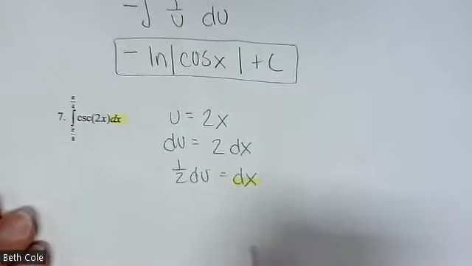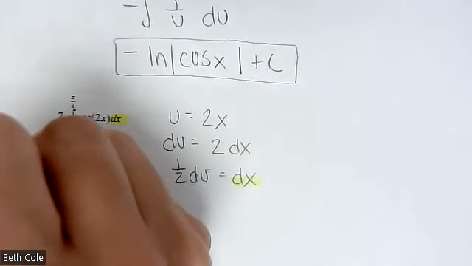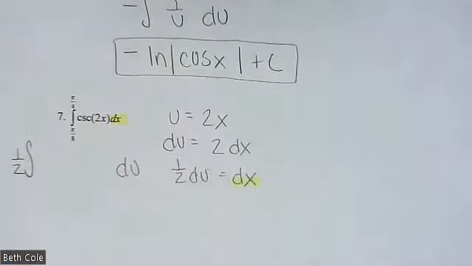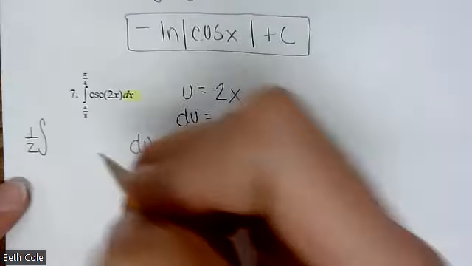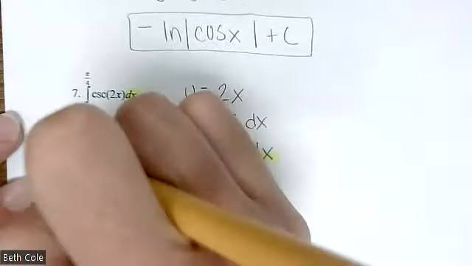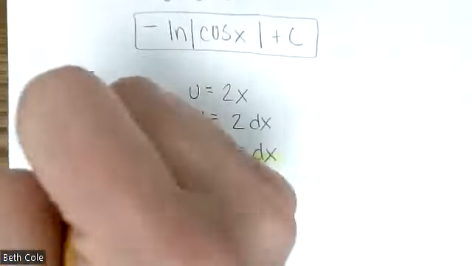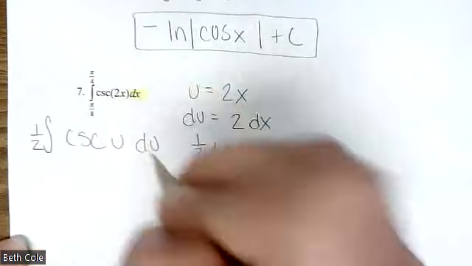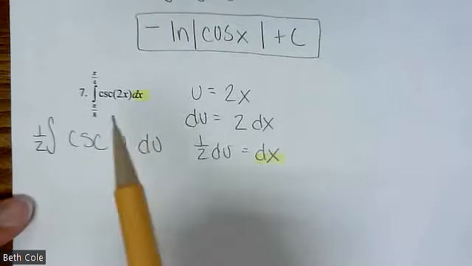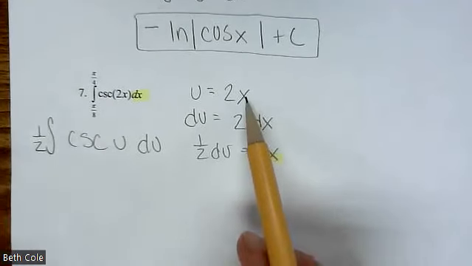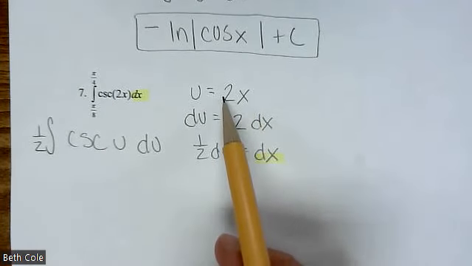So in place of dx, we're going to put 1/2 du. What's still there? Cosecant of u, and I'm going to remember to adjust the boundaries this time. You're going to plug these in for x right here. So the only thing you're going to do is multiply them by 2.